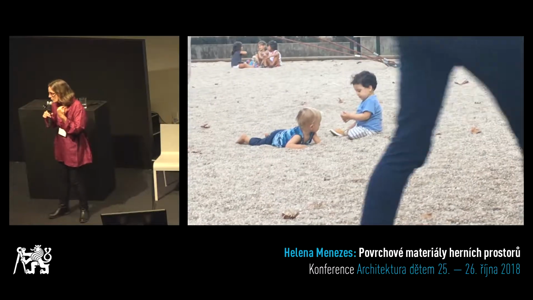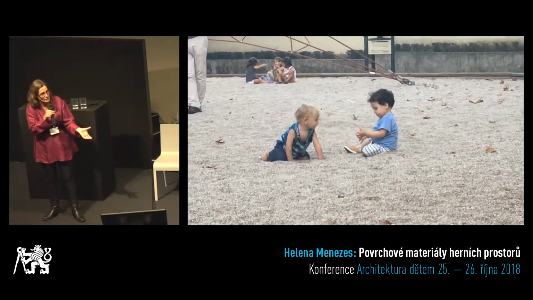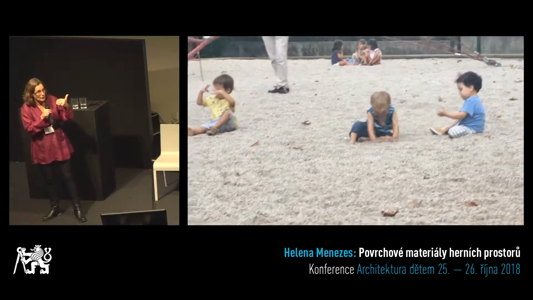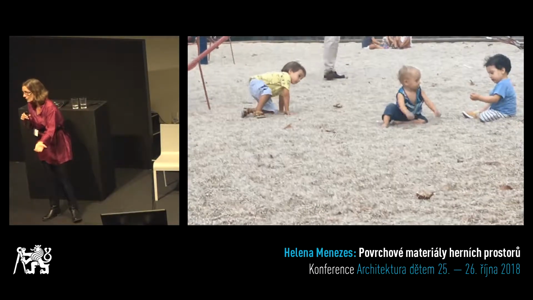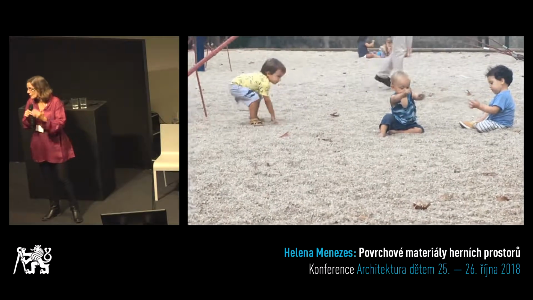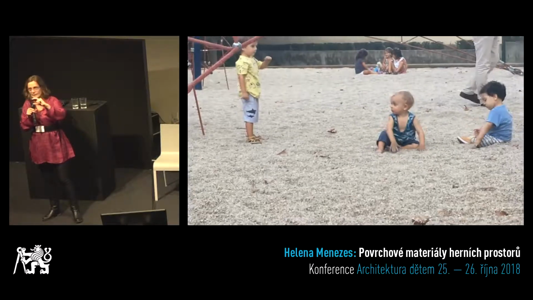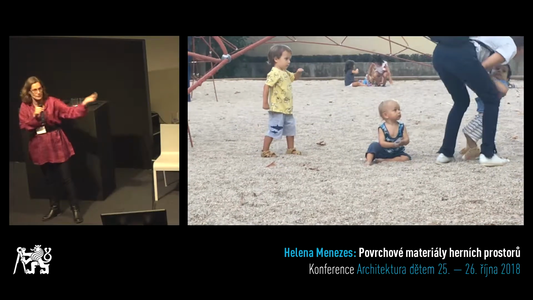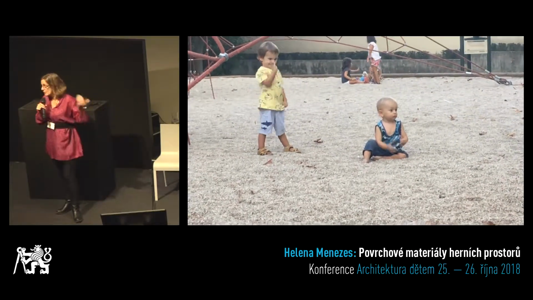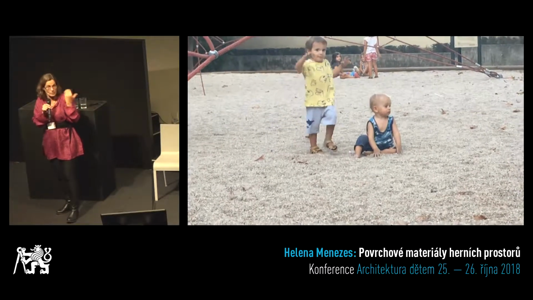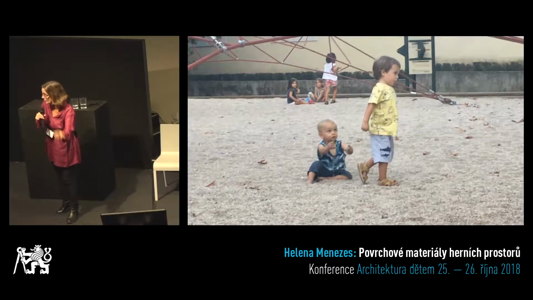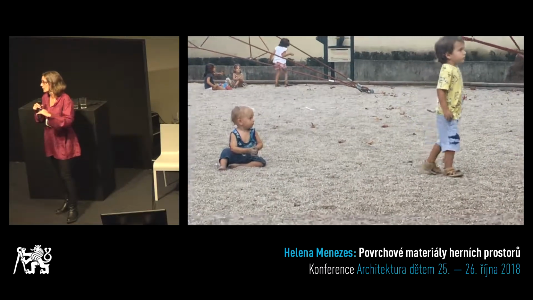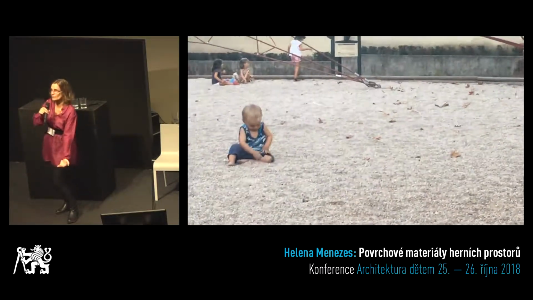So it is very important that if you really provide a surface, it's not misleading, that it really will have some attenuation effect. Because if you have, for instance, 10 centimeters of sand, and the children think it's much deeper, like on the beach, they can take a decision based on a false perception of what's happening. So if you provide loose fill, it really has to be loose fill.